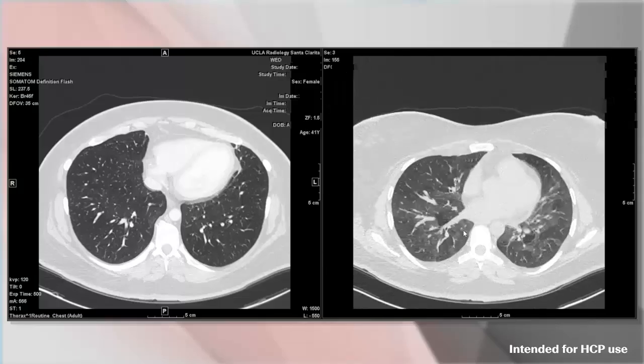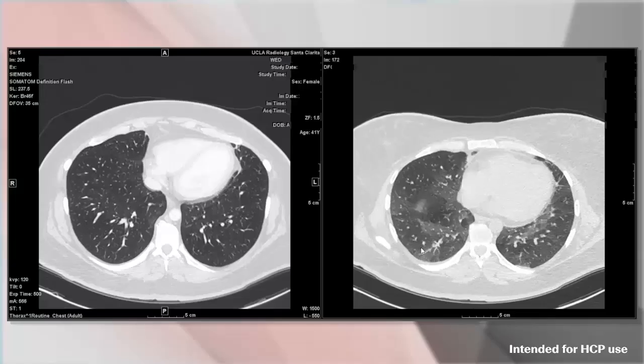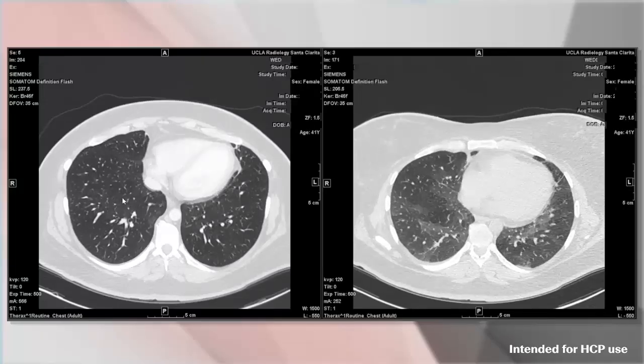And interestingly enough, if we compare roughly the same level, we can see that those areas that I pointed out that appeared a little bit darker or more lucent correspond to these areas that seem a little darker on the expiratory imaging. And the gray areas that I pointed out previously have also appeared grayer. And so when we see that the gray and dark areas from the inspiratory imaging become more noticeable on expiratory imaging, this is a case of air trapping.